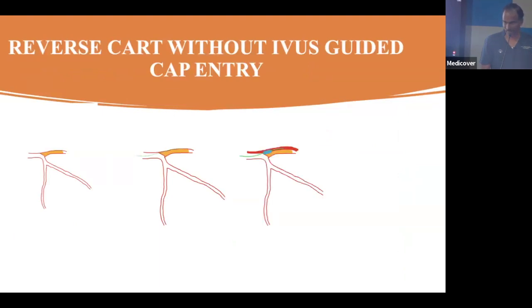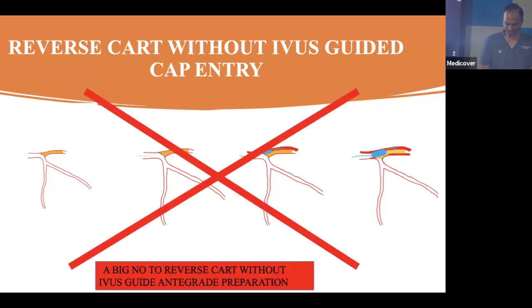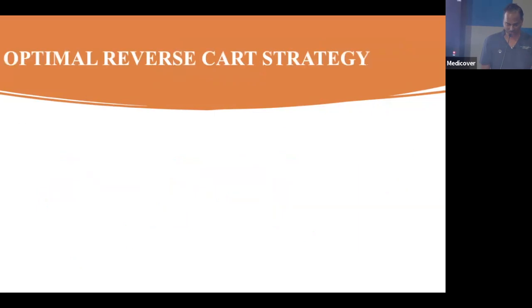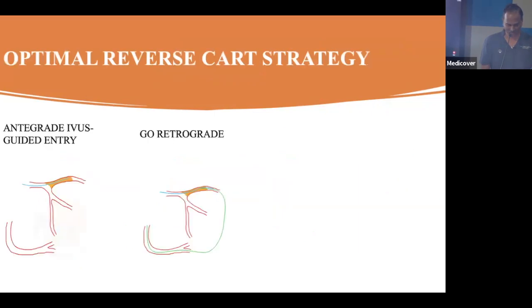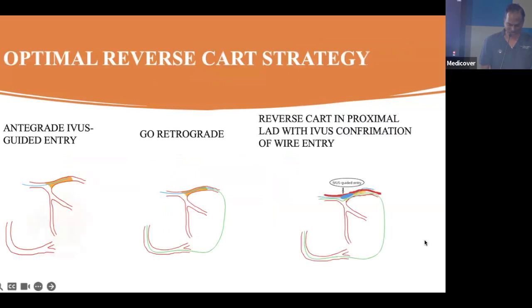If your wire reaches the distal true lumen, it's fine, right? You can finish your antegrade. If it is not reaching the distal true lumen, and this is without IVUS, what can happen? So you do the IVUS-guided cap puncture, then go retrograde, okay, and do reverse CART beyond the ostium of the LAD.